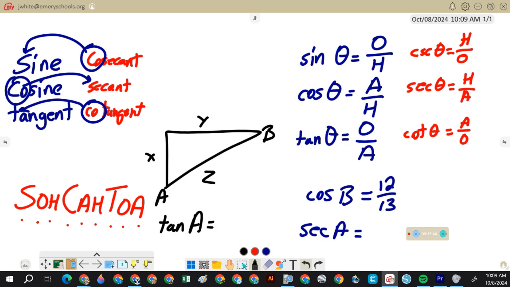So we focus in on A, and tangent is O divided by A. So if we look at angle A, the O side is going to be Y, and the A side is going to be X, Y over X. Does that make sense? Do you need to see another one of those? Okay.